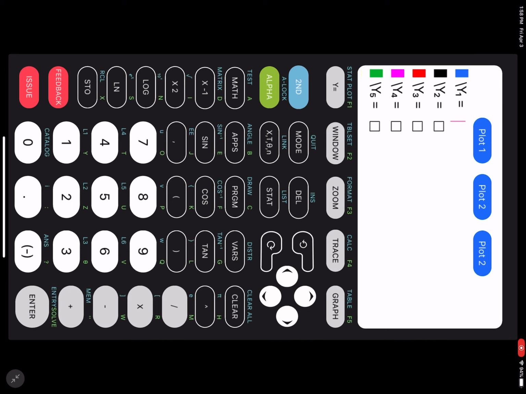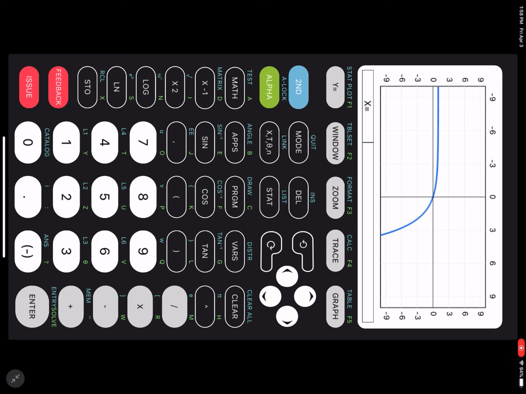So it's negative, and then you got 2 to the x, and then plus 1. So look at that graph there. It looks like my graph got flipped. It got reflected across the x-axis, but then I shifted the whole thing up 1.